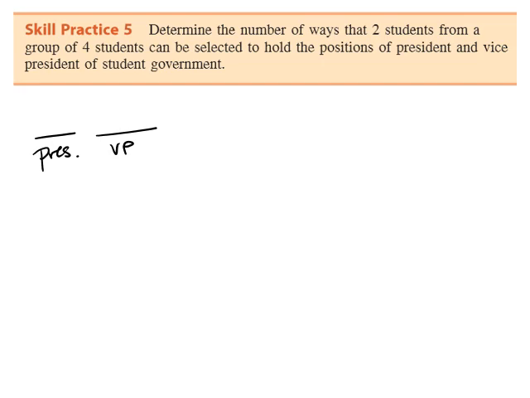So, how many choices do we have for the president? There are 4 of them. Once the president is chosen, then for the vice president, we only have 3 choices. So 4 times 3 is 12.